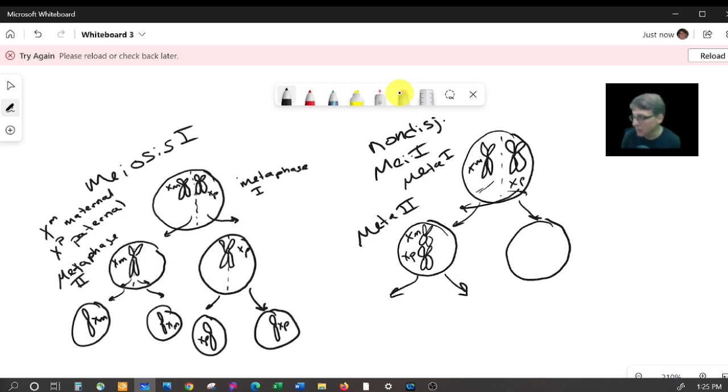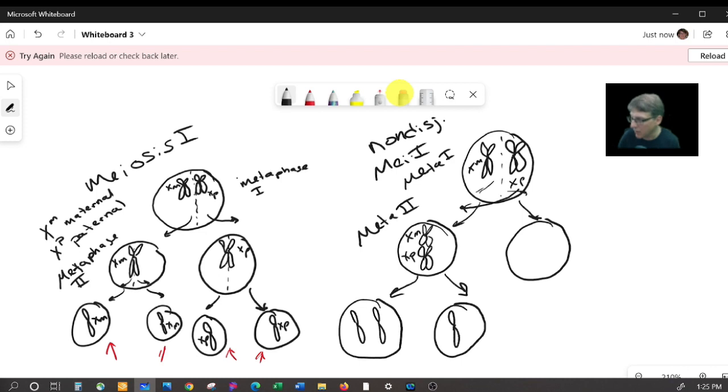And so here, this cell is going to divide into its respective daughter cells, and now instead of a single X chromosome, like we see here, here, here, and here, we're going to have 2 X chromosomes in each of these daughter cells, rather than 1. An XM and an XP. An XM and an XP.